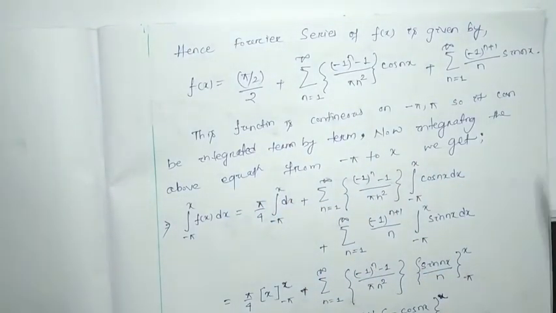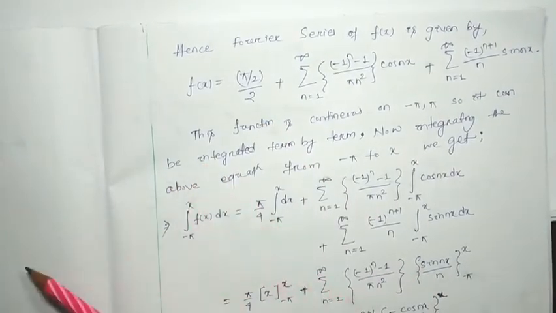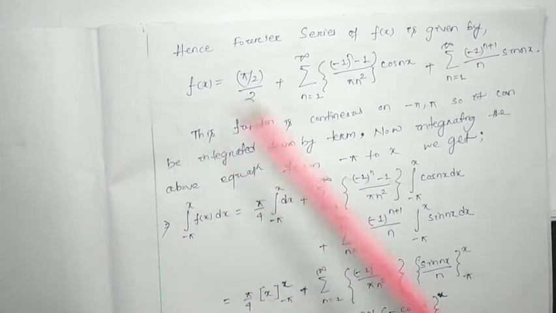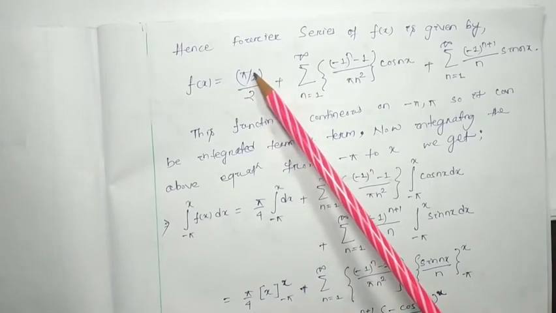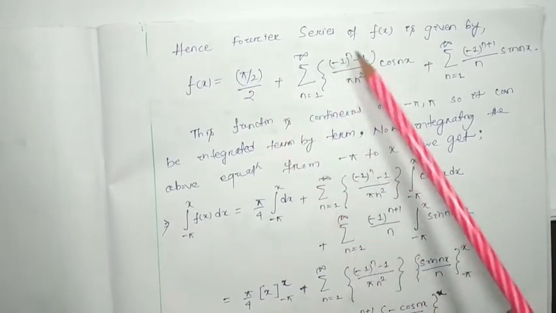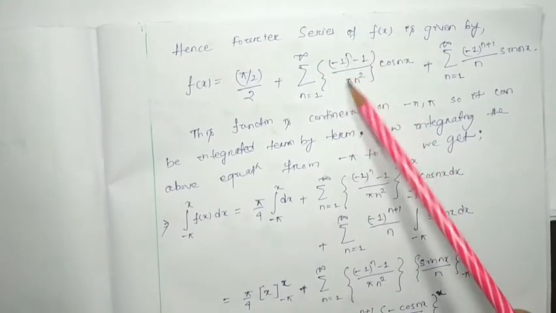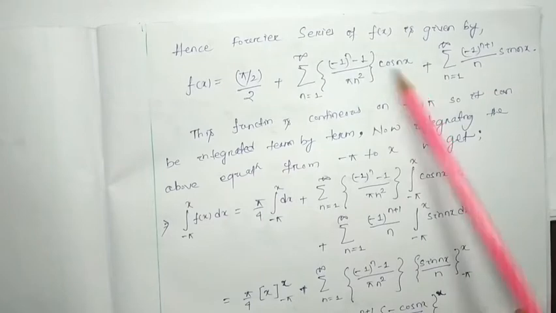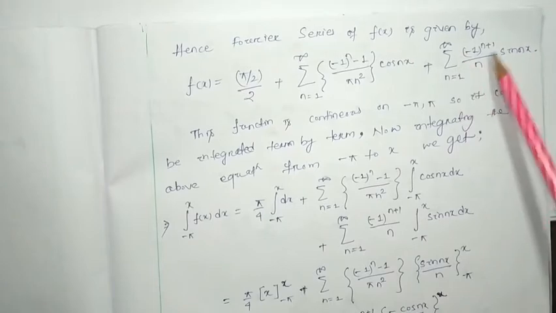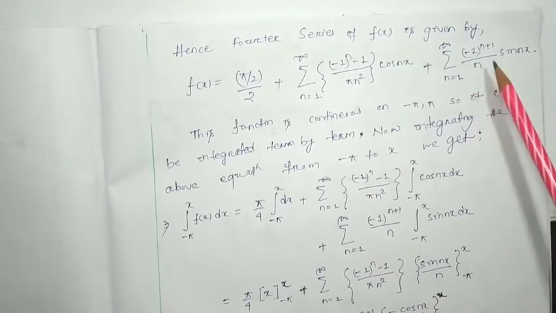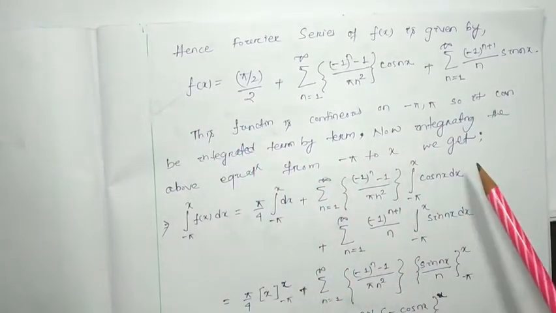We have to just put the values here. a0/2: previously we found on the last page, you can refer to the video, that a0 is π/2, so a0/2 means π/4. Plus a_n, which is ((−1)^n − 1)/(πn²) times cos nx, summation over n equal to 1 to infinity. Plus b_n, which is (−1)^(n+1)/n times sin nx. So this is our required Fourier series.